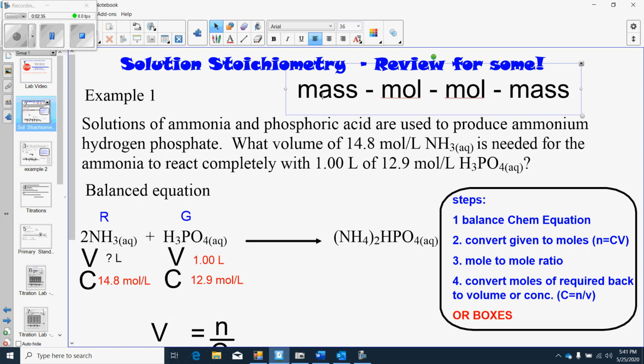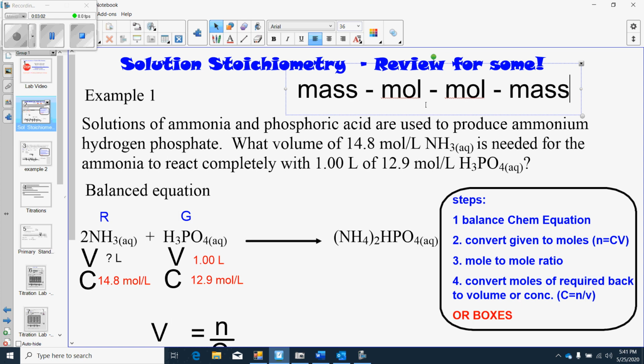And so when we did mass stoichiometry, you will remember we always took the mass of our known substance and converted it to moles. That was always our first step, okay? I call it the given substance, the substance you were given some information about. Then we did a mole-to-mole ratio, which is really important, and that is comparing the ratio of moles, or coefficients, of the substances in your balanced equation.